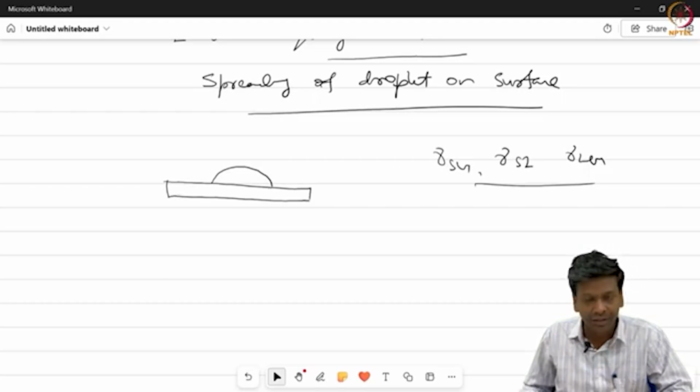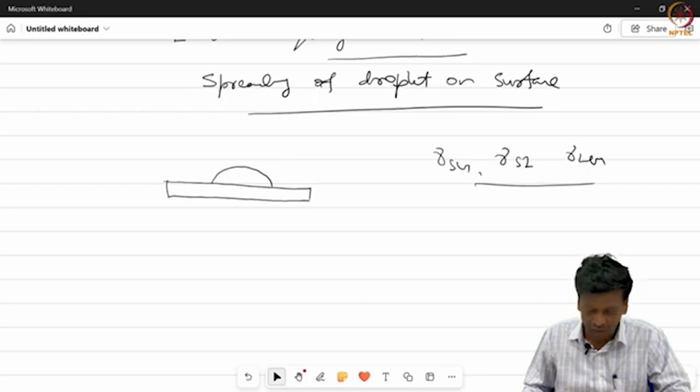So, in these applications, one would want to quantify the surface, whether it is naturally hydrophilic or hydrophobic or not. If not, one would want to modify the surface so that it can be used for the given application, right? So in this case, we will look at one important equation proposed by Young himself.